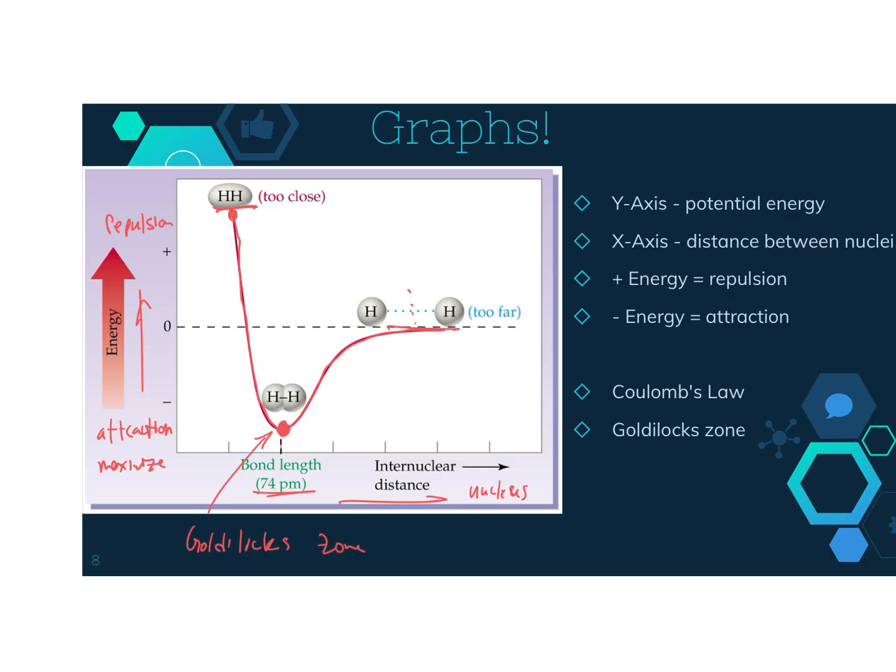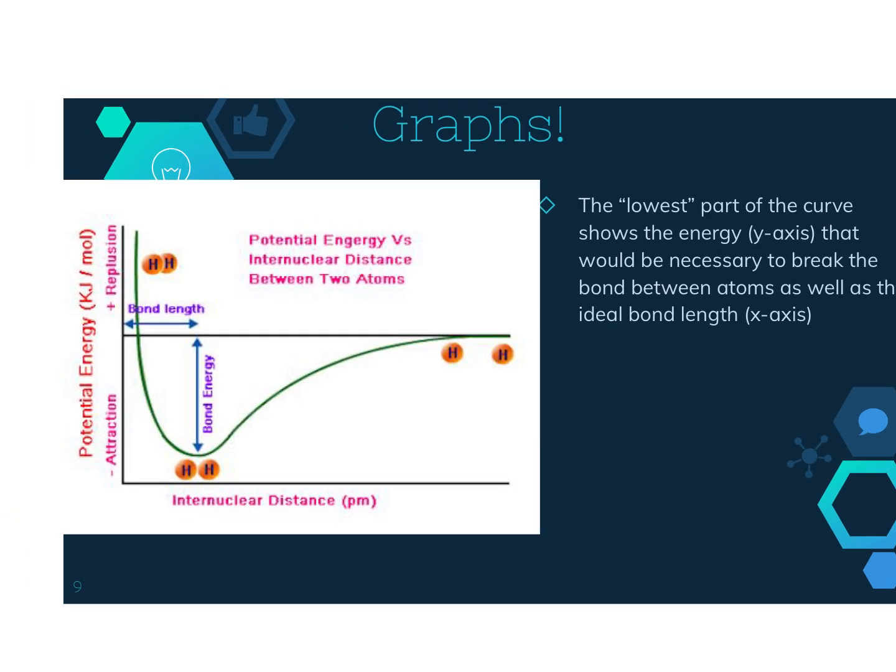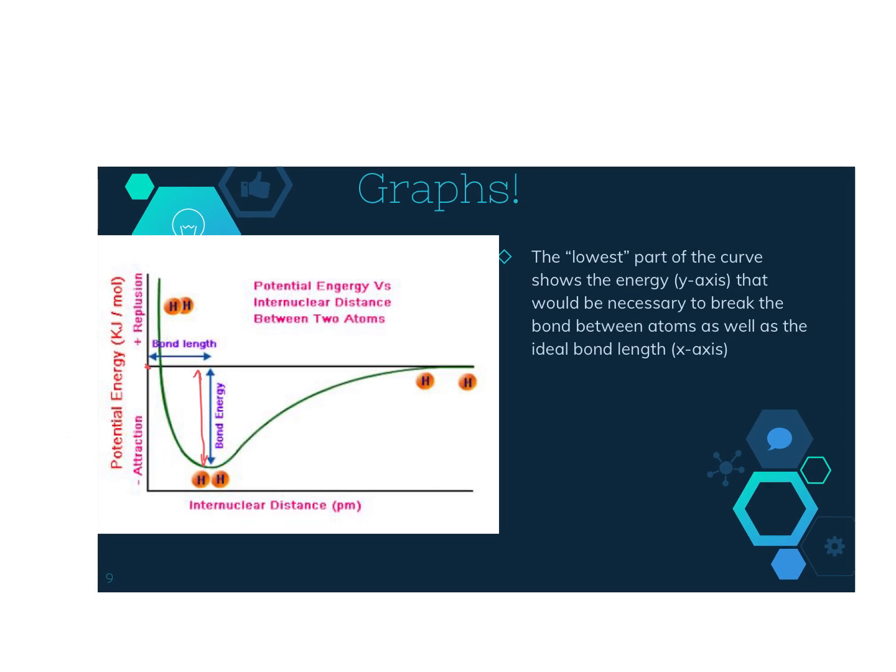And that length that they form that bond, or at least where the attraction is highest, that is your bond length. So we've discussed this a little bit, but this difference here from 0 all the way down to that lowest point, that's the energy necessary to break the bonds between the atoms. In other words, the bond dissociation energy, which we've discussed before. Another term of this is bond enthalpy.